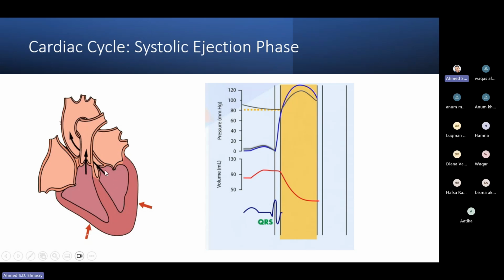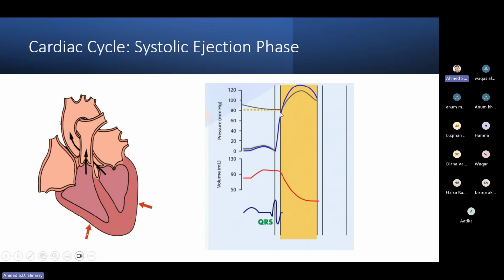So in this phase, the left ventricle continues to contract and the pressure inside the left ventricle will continue to increase, but the volume of the blood inside the left ventricle will be decreased because the blood will be ejected through the aortic valve into the aorta, to the distal organs.